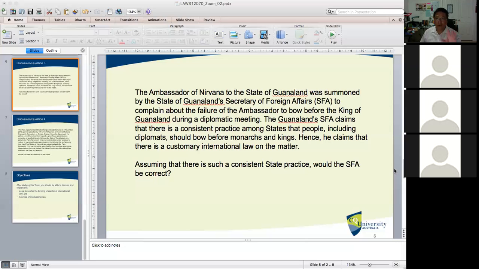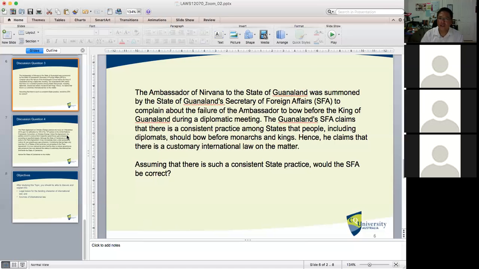So once customary international law is in place, because it has been created by consistent state practice by most states, and it was a consistent state practice that was based out of a sense of legal obligation, for one state or a few states to then try not to follow the customary international law, those states would be in breach of customary international law. So it's difficult, in other words, to try to change it. It can be changed, but it won't be easy once customary international law has developed.